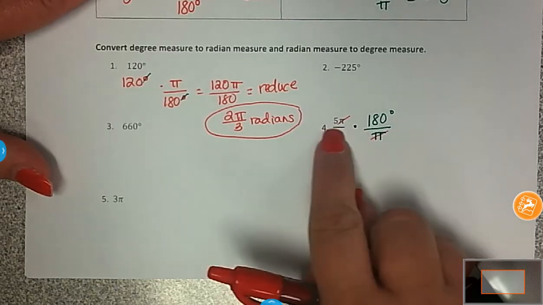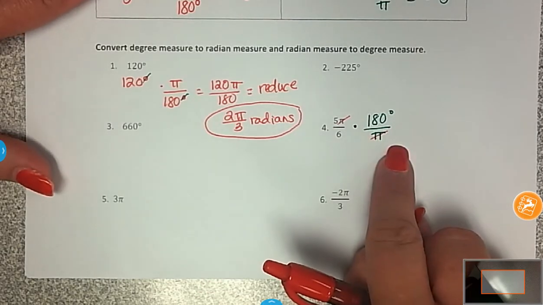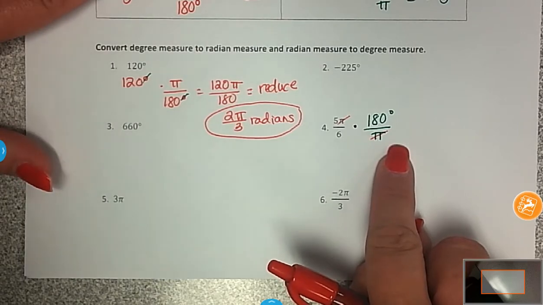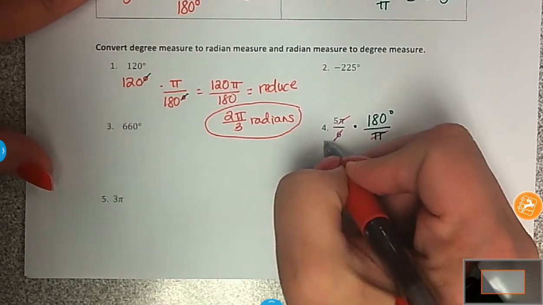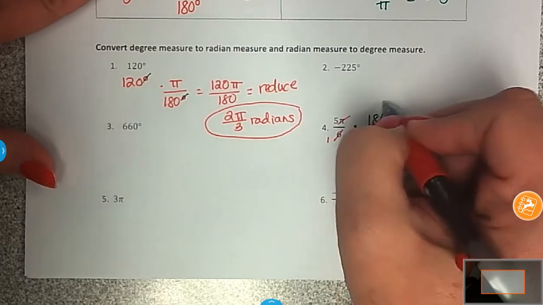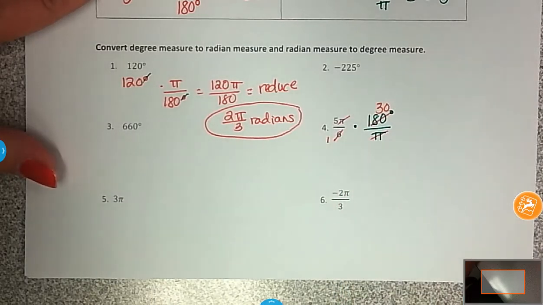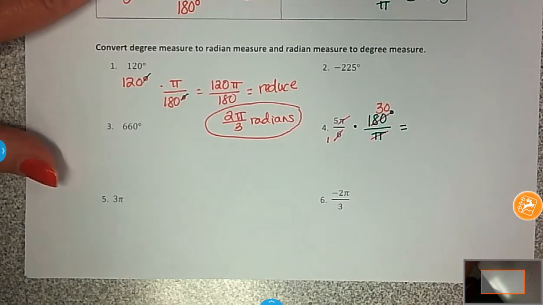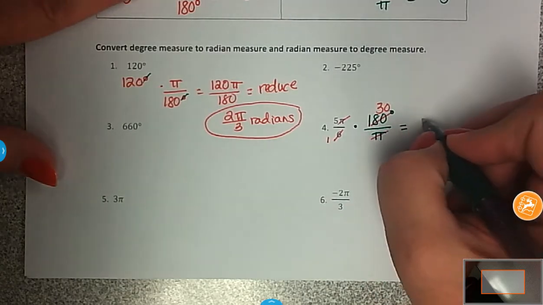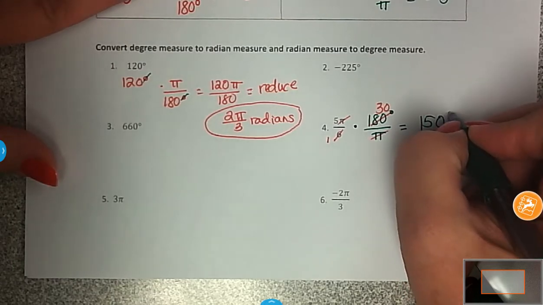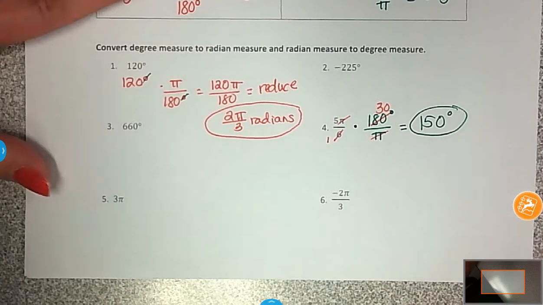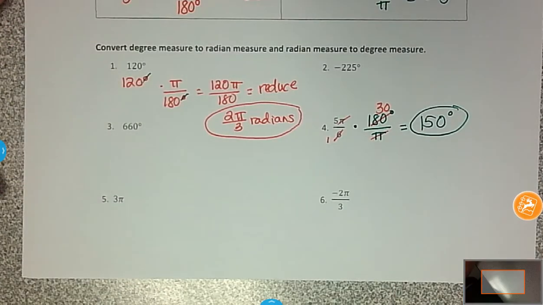And I can multiply straight across the top, straight across the bottom, and then reduce, but I really don't want to deal with those big numbers, so I'm going to cross cancel. 6 goes into 6 one time, 6 goes into 180 30 times. And so then when I multiply across the top, 5 times 30 degrees is 150 degrees, and there's nothing left on the bottom. So there is my degree measure. Okay? And I think you can do the next two.